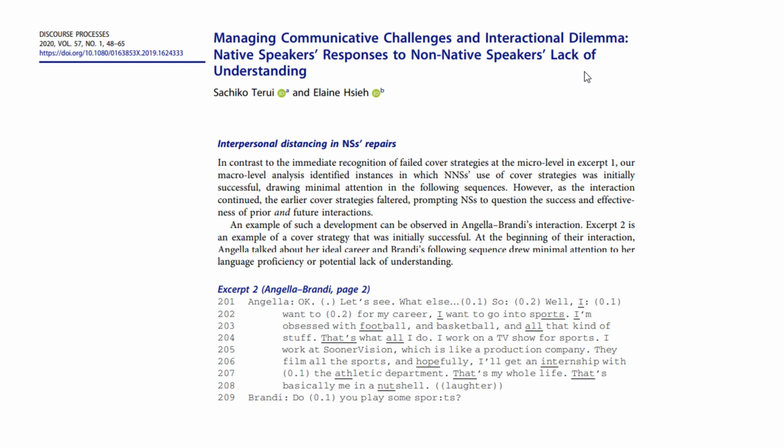This intercultural type of setting is quite a common setting for interactional sociolinguistic studies. And the data extract shown on the screen looks at how non-native speakers' repairs accomplish a sort of interpersonal distancing.